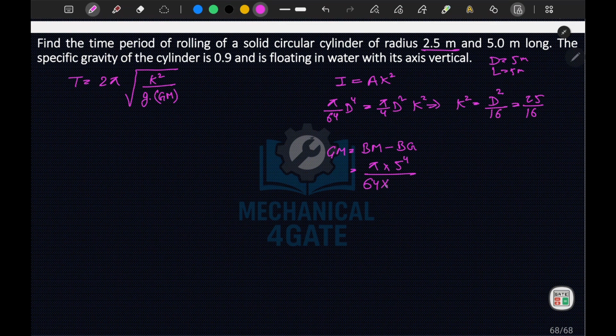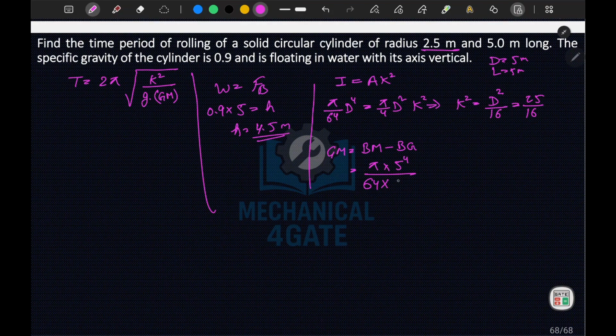Since the specific gravity of the cylinder is 0.9, I can say that W is equal to FB, so 0.9 times the height of 5 meter is equal to H here. So H is equal to 4.5 meter.